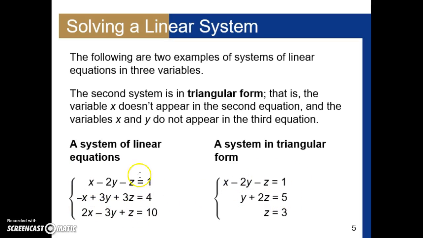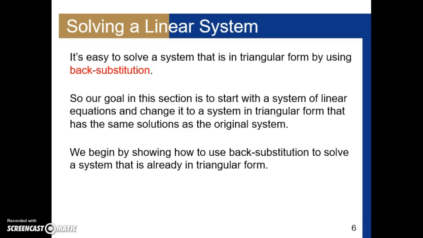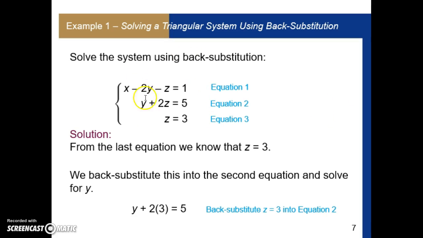So when we have a system that looks like this, we take steps to eliminate variables by pairing a couple of equations, and turn it into this triangular form so that we can actually solve it.